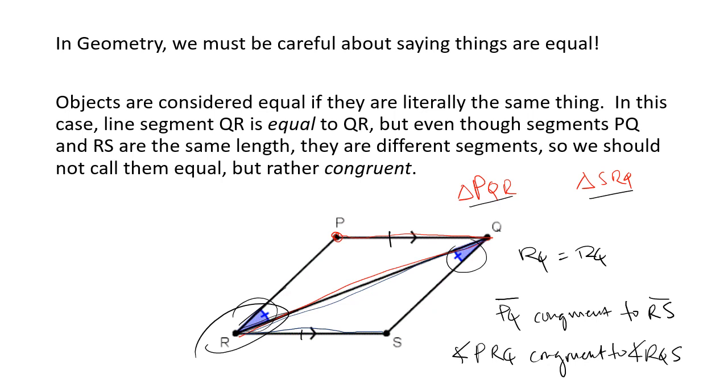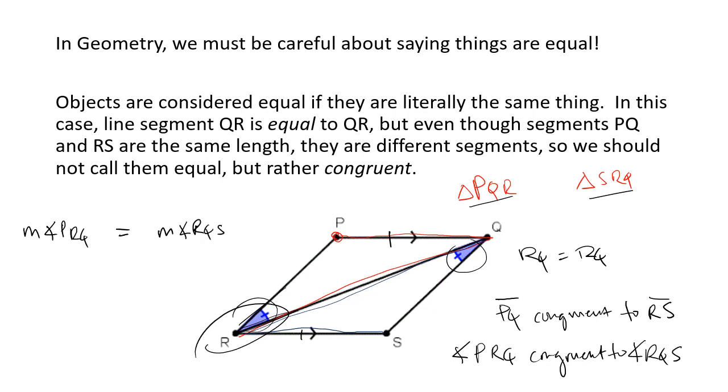Now, not to get too far into the weeds on this, I could, however, say that the measure of that angle, so if I were to take a protractor and measure those angles, the measure of angle PRQ and then the measure of this angle, however big this is, angle RQS, I could say that these are equal.